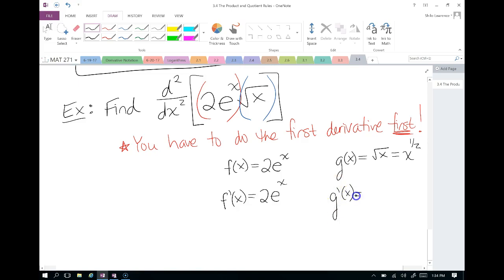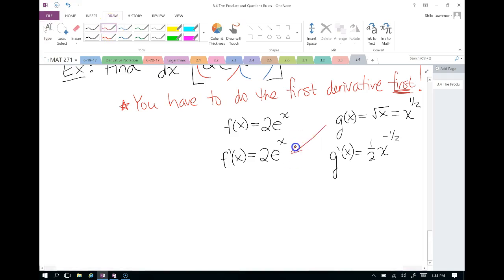G prime is going to be 1/2 x to the negative 1/2, because remember, power rule says bring the old exponent out front as a coefficient and then subtract 1 to get the new exponent. So we get 1/2 x to the negative 1/2. And I'm not going to simplify that or rewrite it yet until we get to our final answer.